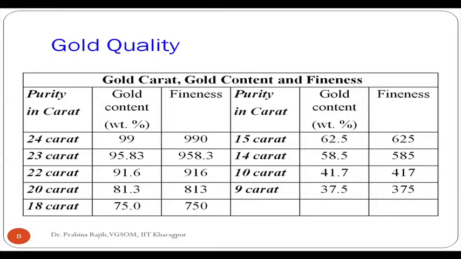It will never be hallmarked as 24 karat, and it will also not be hallmarked as 20 karat. It will be hallmarked as 22 karat only when it has 9.16 grams of pure gold. The remaining 0.84 grams can be silver or copper or any other metal, but the minimum gold in a 10 gram jewelry is 9.16 grams.